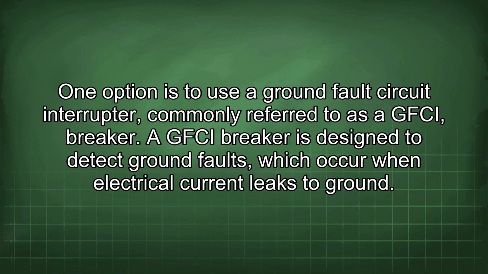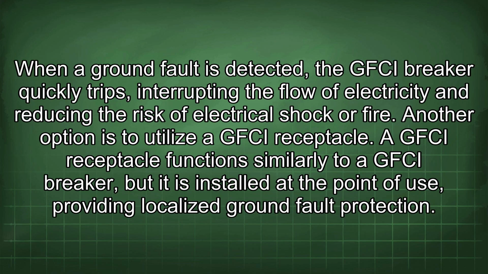One option is to use a ground fault circuit interrupter, commonly referred to as a GFCI breaker. A GFCI breaker is designed to detect ground faults, which occur when electrical current leaks to ground. When a ground fault is detected, the GFCI breaker quickly trips, interrupting the flow of electricity and reducing the risk of electrical shock or fire.